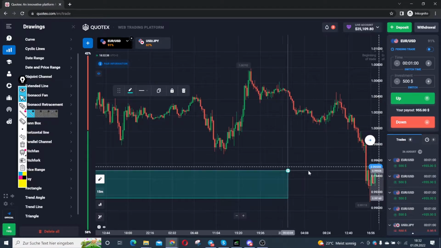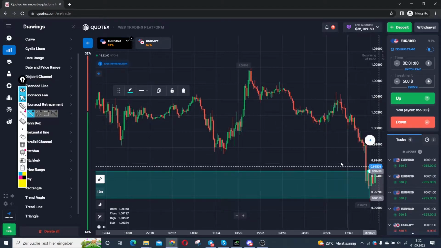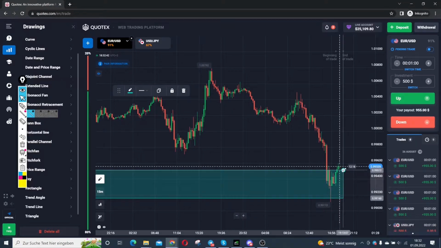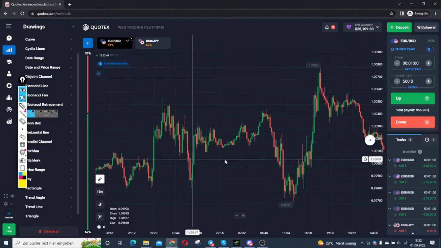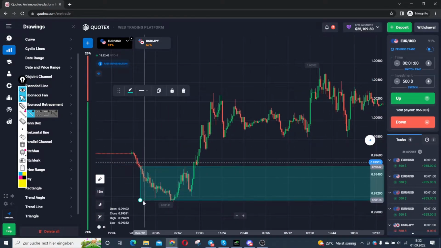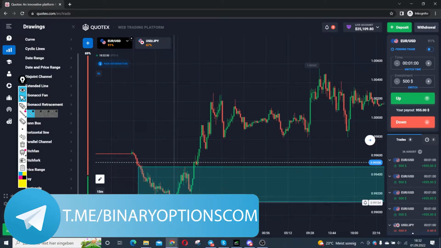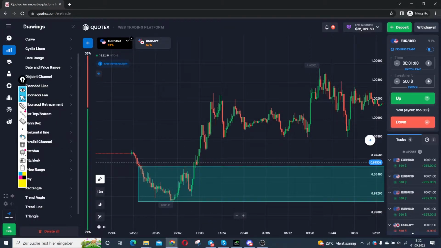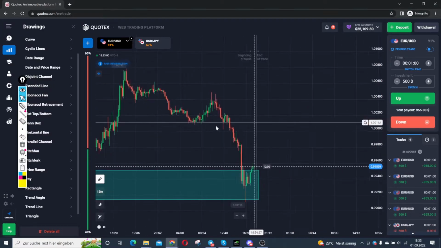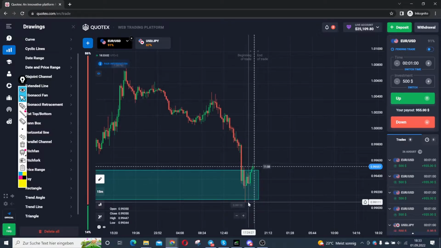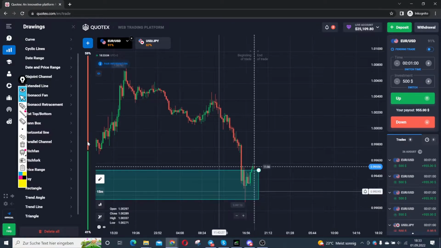Let's draw this, and what we can see here is that the price dropped into the support area. Also important to see is the low here on the lower line of the box. You see this here, and now we see the market is taking out this low.